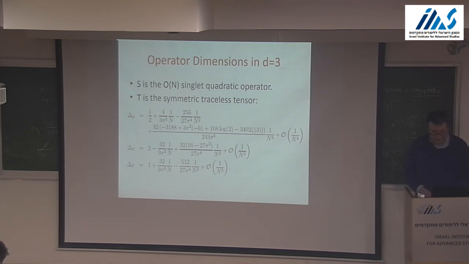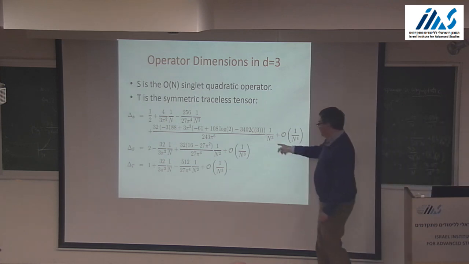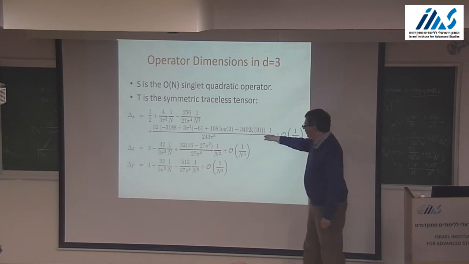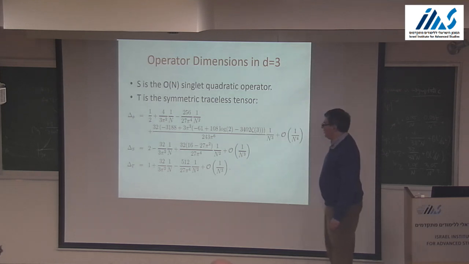Okay, so following this, you can actually do the following calculation. So, for example, at order 1 over n cubed, you get these transcendental numbers appearing.